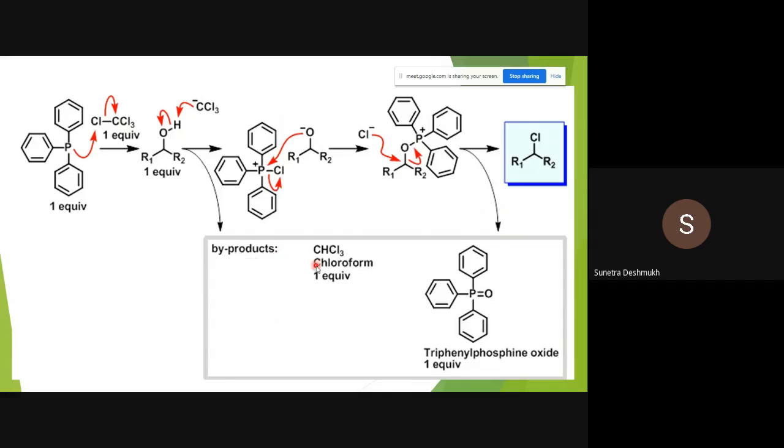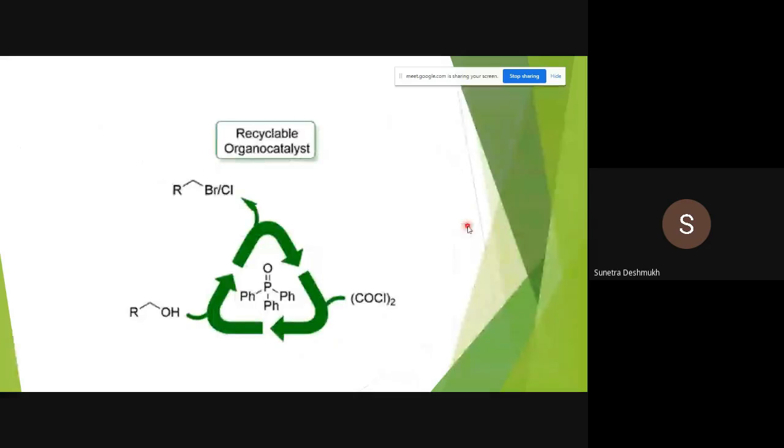So byproducts are chloroform and triphenyl phosphine oxide, and our targeted product is this carbon chlorine bond formation. So halogenated compound we got from the alcoholic compound. So substitution of OH group by halide group we got in this way.